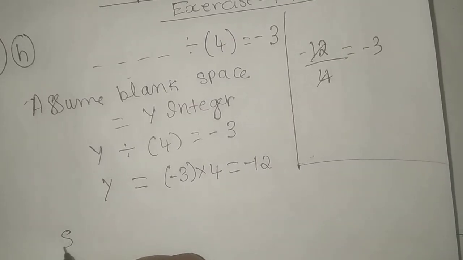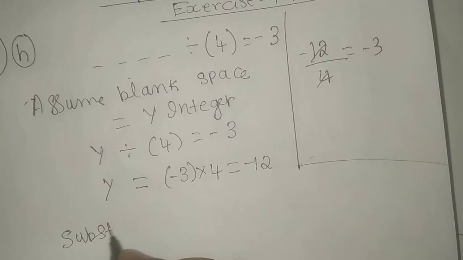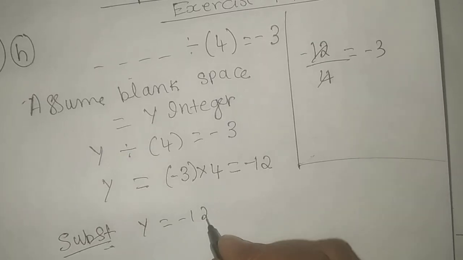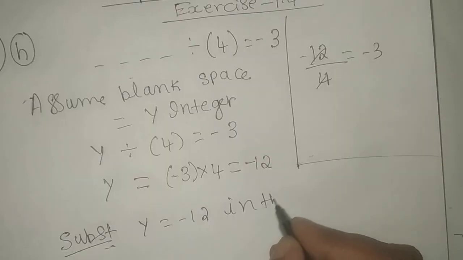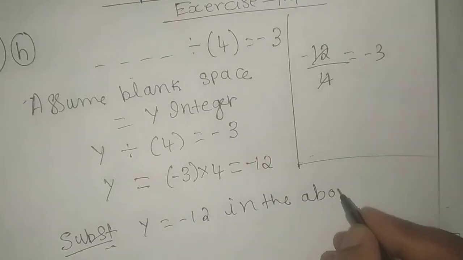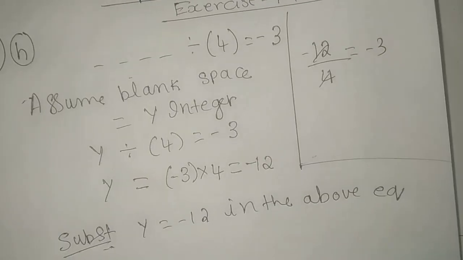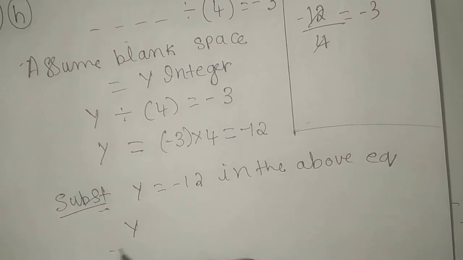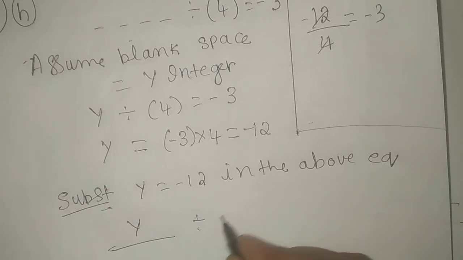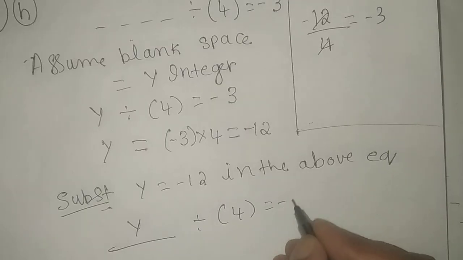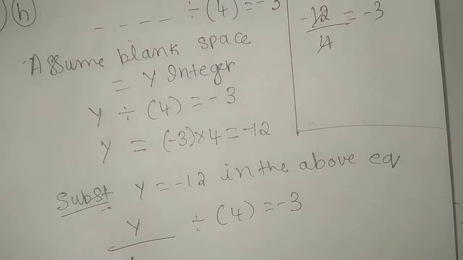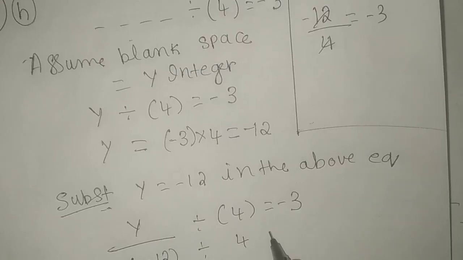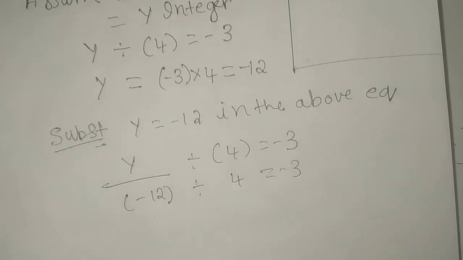Now substitute y is equal to minus 12 in the above equation. So y divided by 4 is equal to minus 3 is the answer. So y is minus 12 divided by 4 is equal to minus 3.